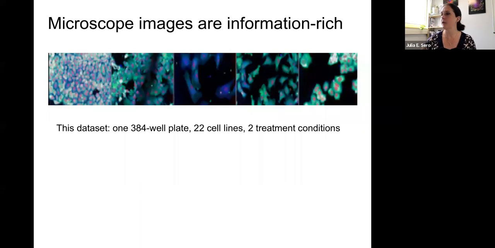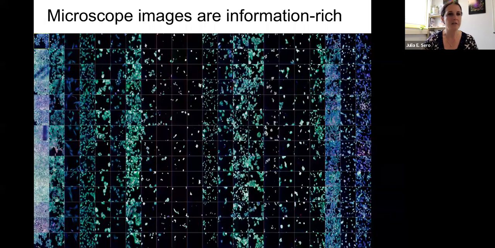If we zoom in on some of the wells, you can see, sorry, these pictures are very pixelated, but there are quite a lot of diversity amongst the cells. Actually, this one looks better. Let's just look at this one for now. So there's quite a lot of diversity. Cells are at different densities, so they're growing at different rates. They have different shapes. The proteins that we have labeled here are localized in different ways.